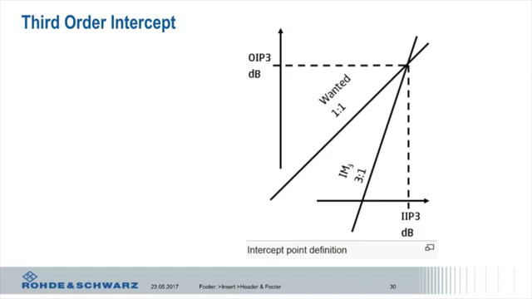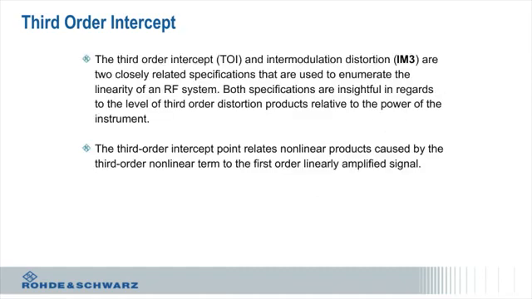Okay, so third order intercept, or also called IM3 or TOI, the key thing here is when you put signals that are close together, it makes it very difficult to filter them out. When I was talking before with the mixer, you have to design a filter and carefully choose your frequency so that I can get rid of all those terms that I didn't want.